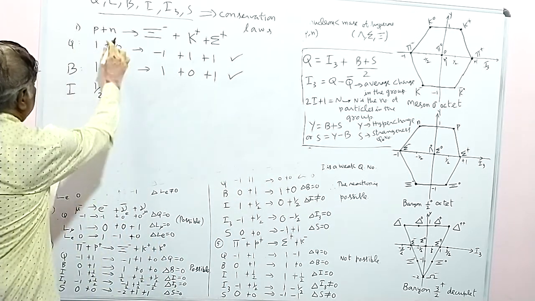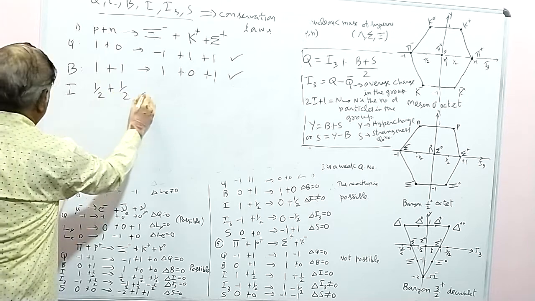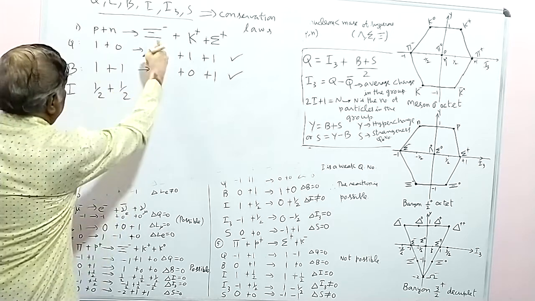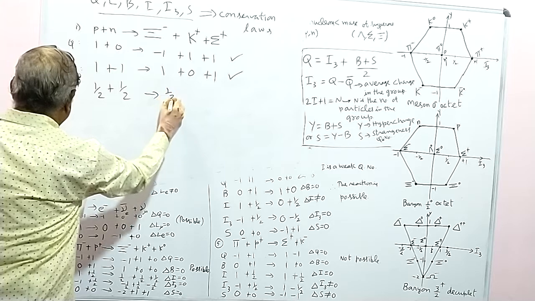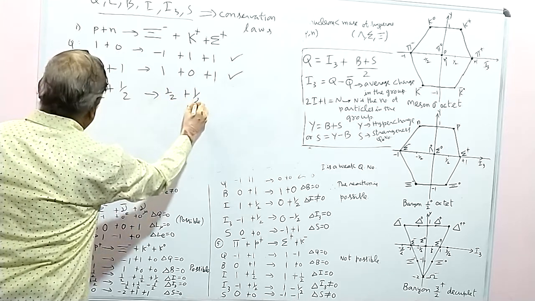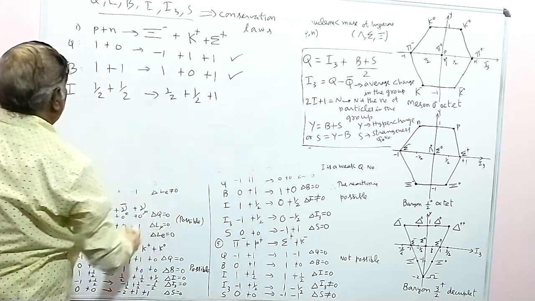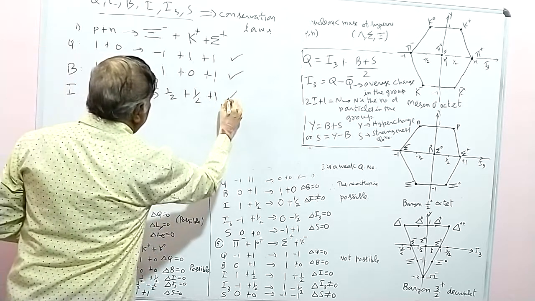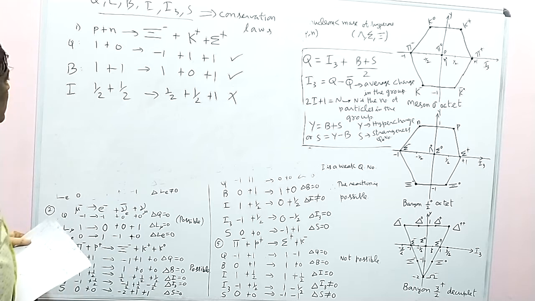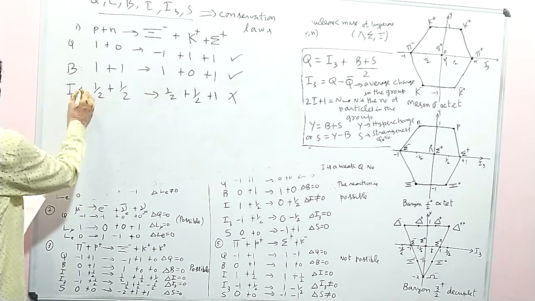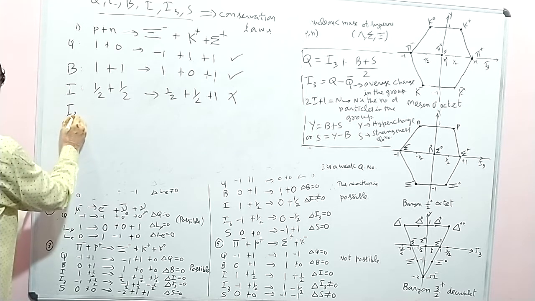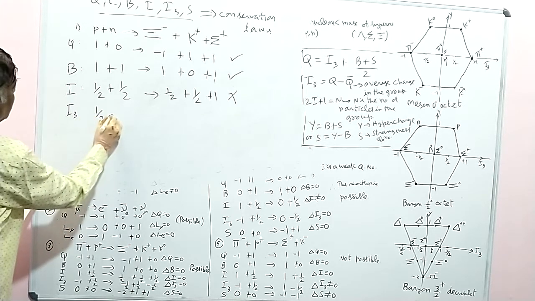Here for n also, I is equal to half. Whereas here for sigma this is 1, for pi minus half, K half. Now if we add on both sides, the numbers are not equal, so the conservation law is not satisfied for the isospin quantum number. If we take I3, this is half and this is minus half.